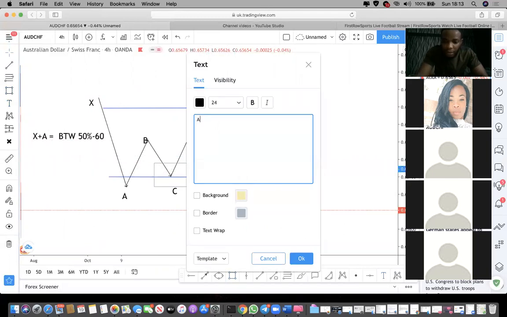A to B will be equal to 50% and above, but not more than 100%.